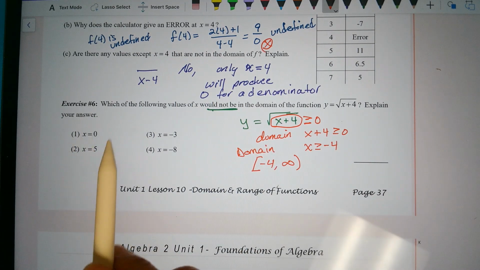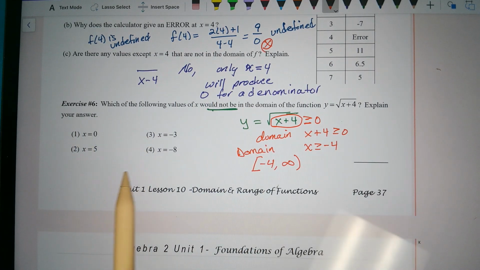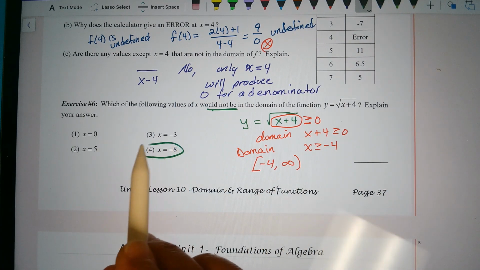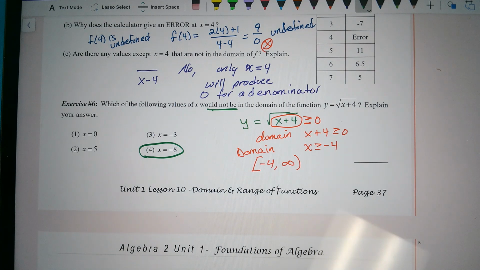So out of these 4 choices, which one is not in this interval? The one that is not in the interval is x equals negative 8.